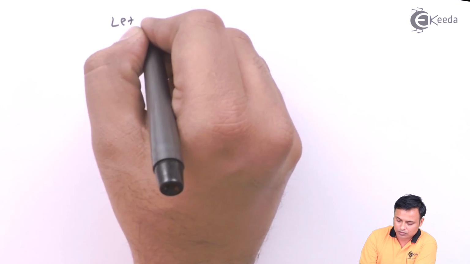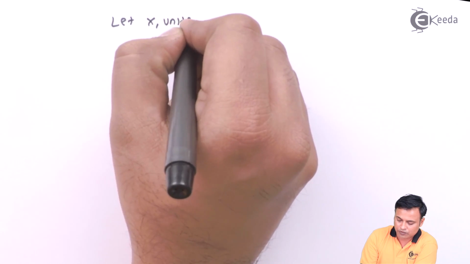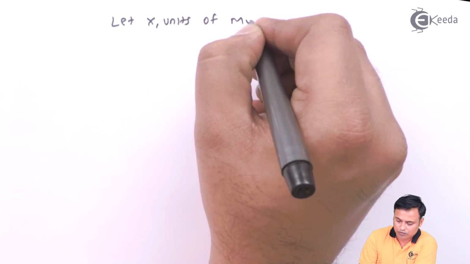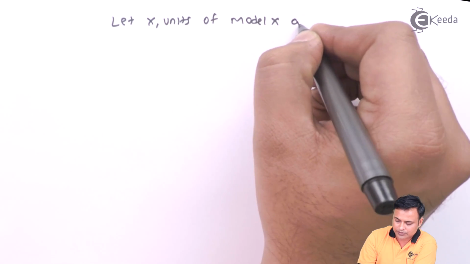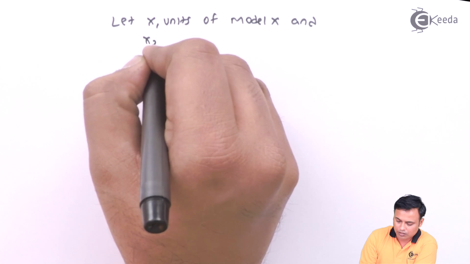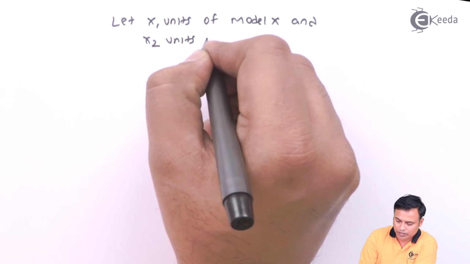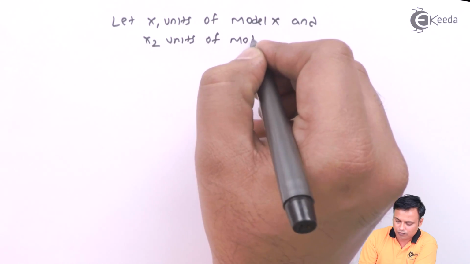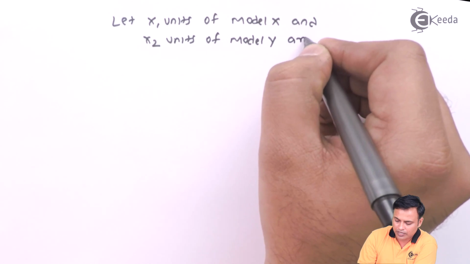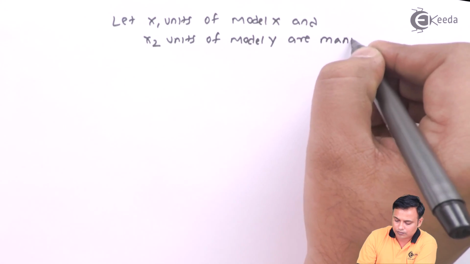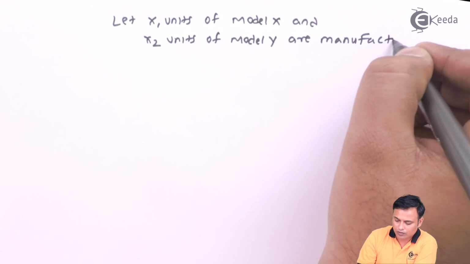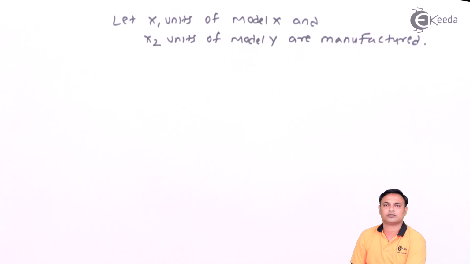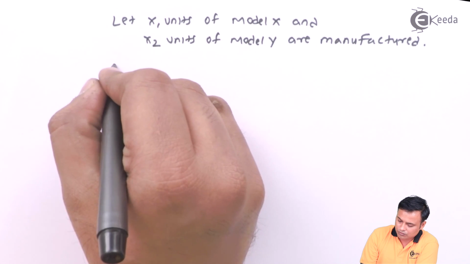Let x1 units of model X and x2 units of model Y be manufactured. This is my basic assumption. And our objective function will be to maximize the profit or the contribution.